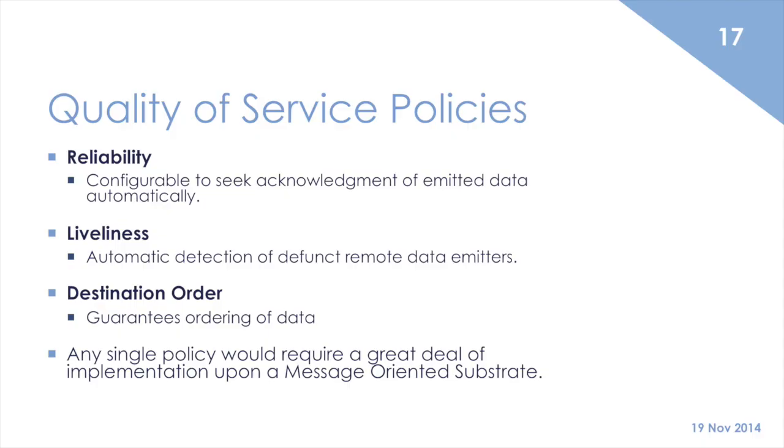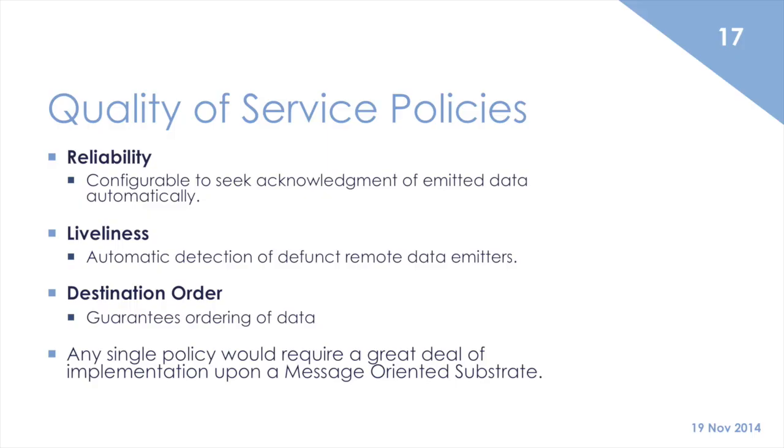Another important policy is liveliness. This means that if you're reading data from a device and you want to know that that device has disappeared from the network, that can be controlled with the liveliness quality of service policy, setting an upper bound on how often a device has to communicate that it's still on the network. Another important policy is destination ordering.